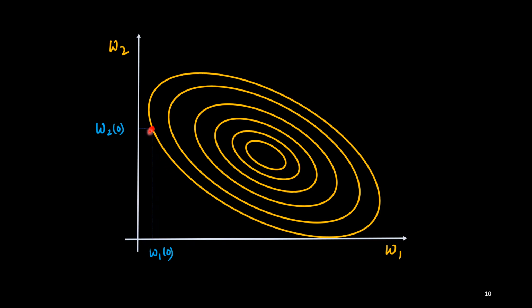Along this contour, every point, the cost value is the same. But if you compare these two contours, this contour has a higher cost and this contour will have a lower cost. This is again for the lower cost, and here you will have the minimum cost. So we'll start from this point and we want to go to this point, the optimal point.